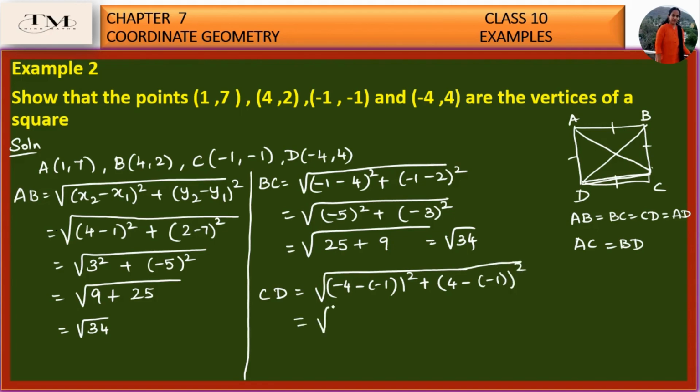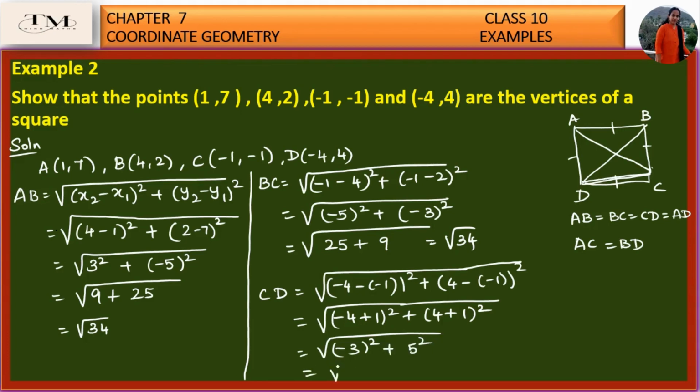So that is (minus 4 plus 1) whole square plus (4 plus 1) whole square. Minus 4 plus 1 is minus 3 whole square plus 4 plus 1 is 5 square. So minus 3 whole square is 9, 5 square is 25. So 9 plus 25 is root 34.